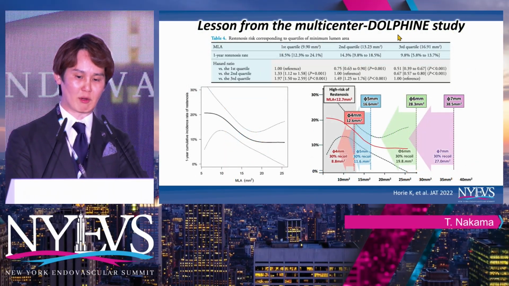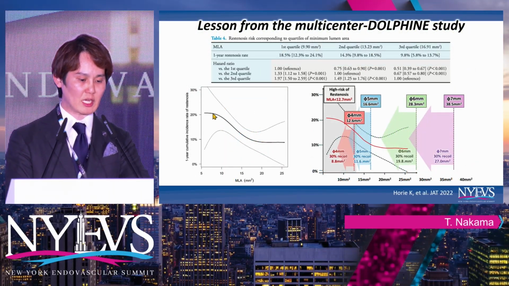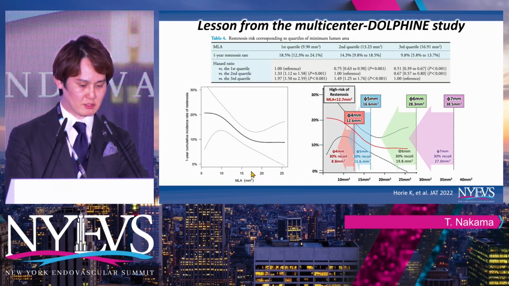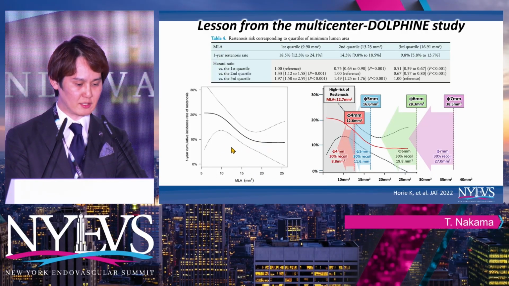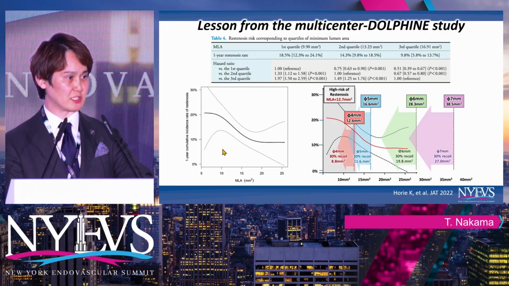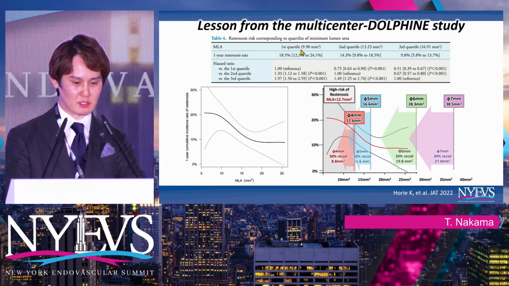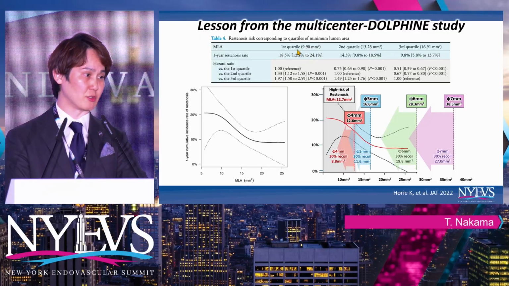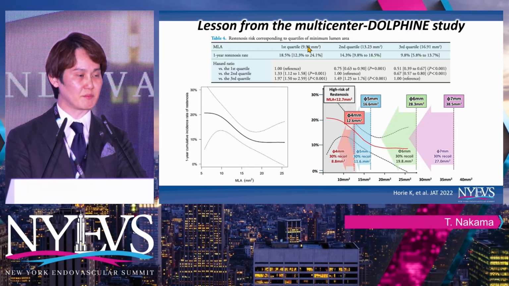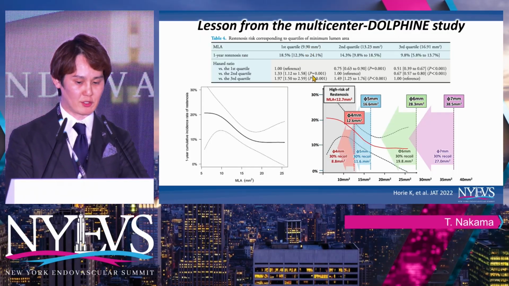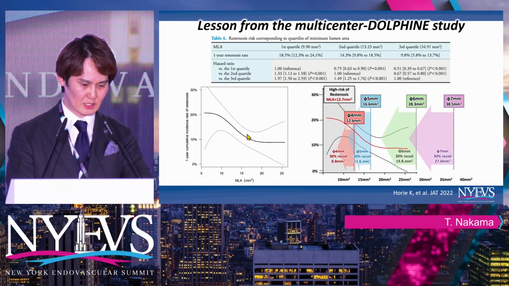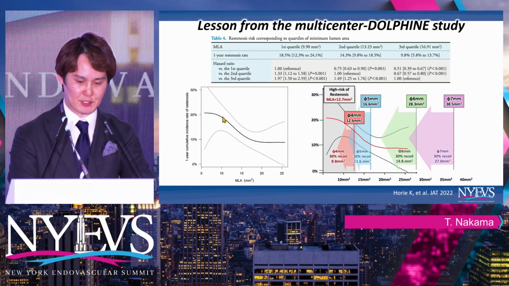This is the data from our multi-center registries. As you can see, if you get a sufficient luminal area, the rate of restenosis became lower. However, if you get a lower luminal area, especially less than 10 mm², the restenosis rate became higher.